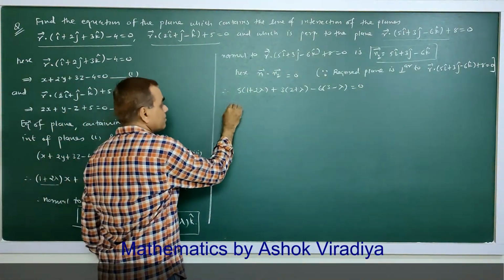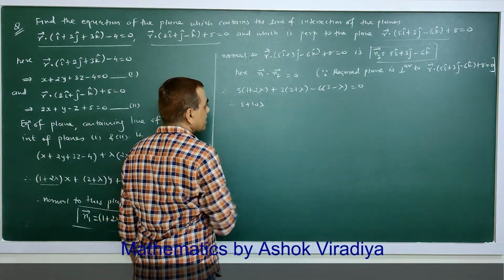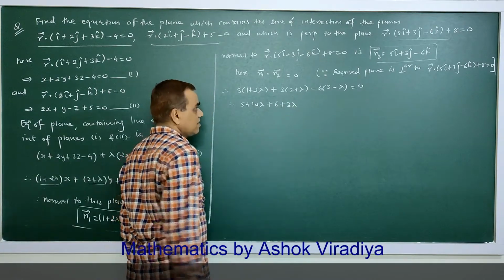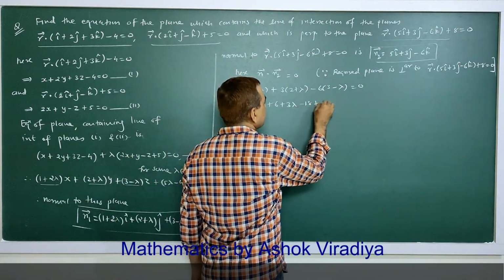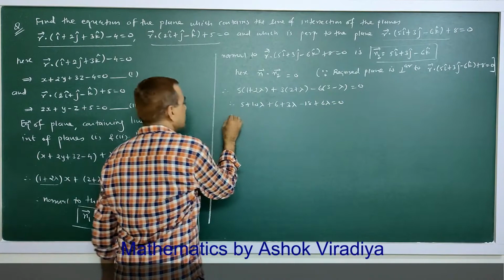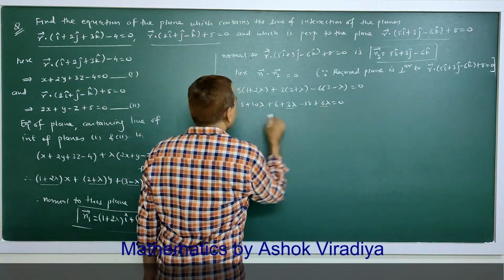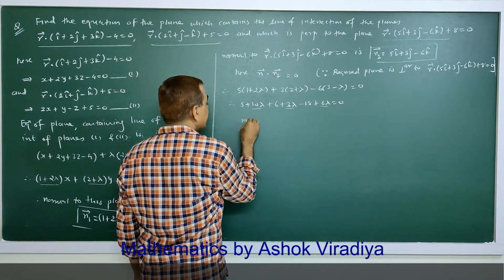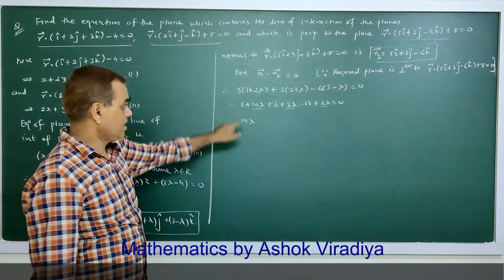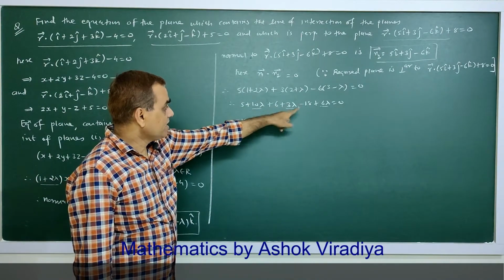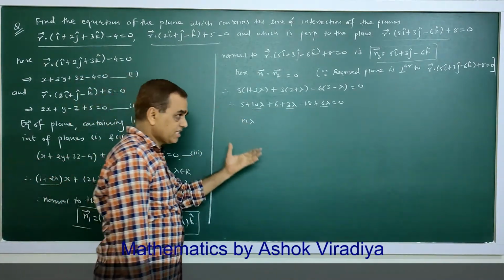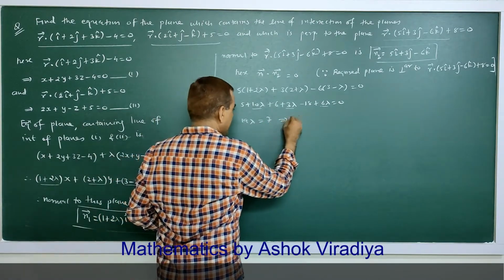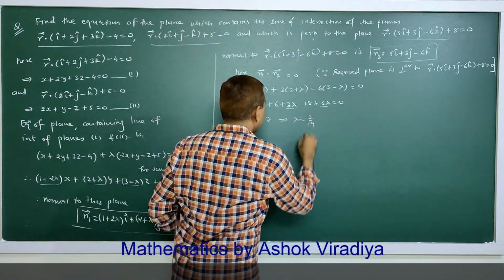Therefore 5 plus 10 lambda plus 6 plus 3 lambda minus 18 plus 6 lambda is 0. So 3 lambda plus 6 lambda plus 10 lambda, total is 19 lambda. 5 plus 6 is 11, 11 minus 18 is minus 7, taking that to the other side, plus 7. So lambda is 7 by 19.